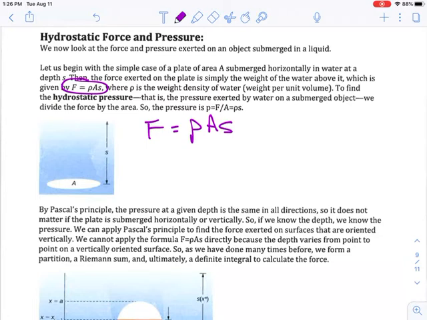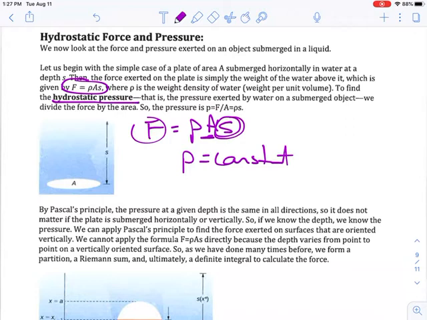In other words, the density of water, rho, which is always a constant, the depth of the water, and then the cross-sectional area of the surface. You can see that the depth makes a big difference. As you increase the depth, you're going to increase the force. Now this is hydrostatic force.